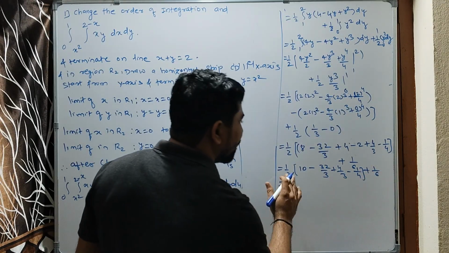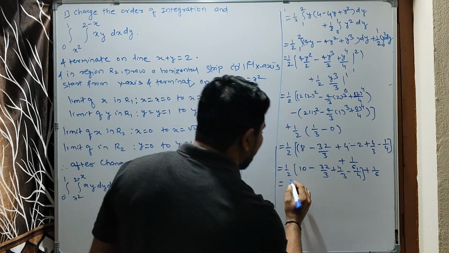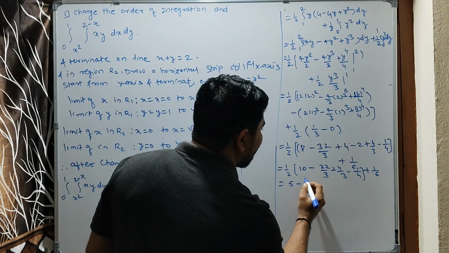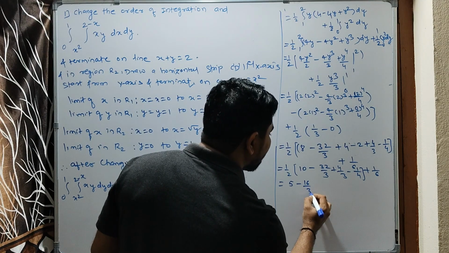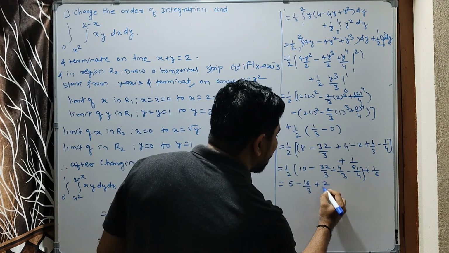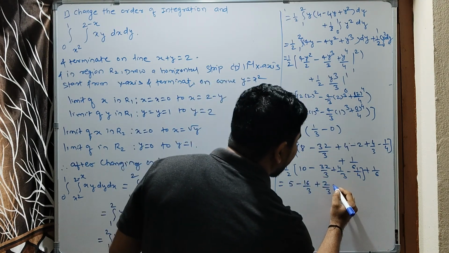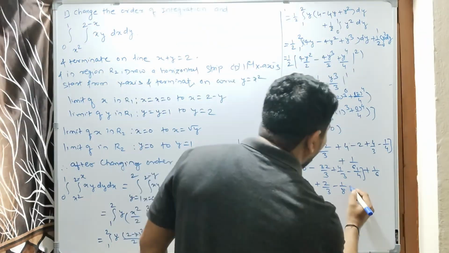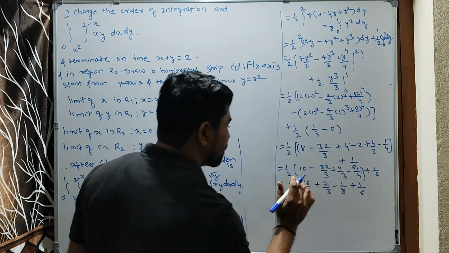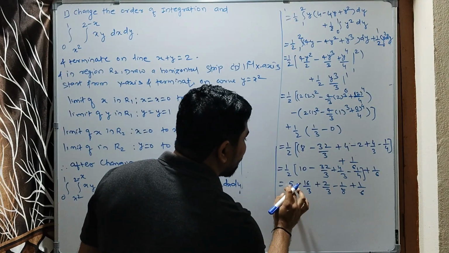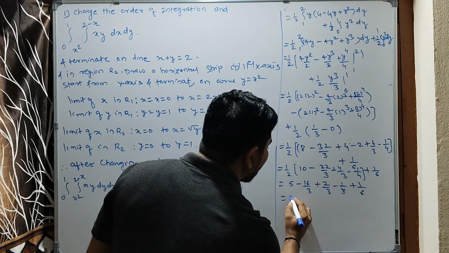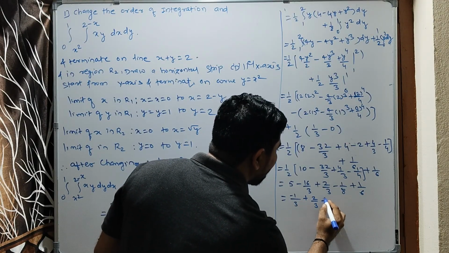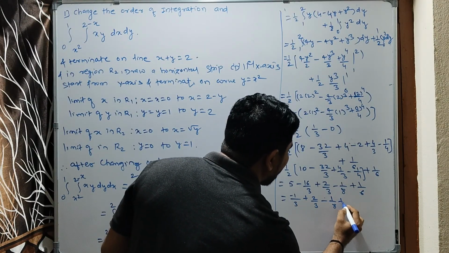Multiplying 1 by 2, this is 5 minus 16 by 3 plus 2 by 3, minus 1 by 8, plus 1 by 6. Now simplified, this is equal to 15 minus 16 divided by 3 minus 1 by 3 plus 2 by 3, minus 1 by 8 plus 1 by 6.